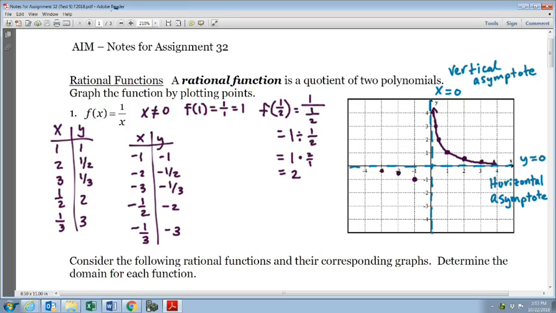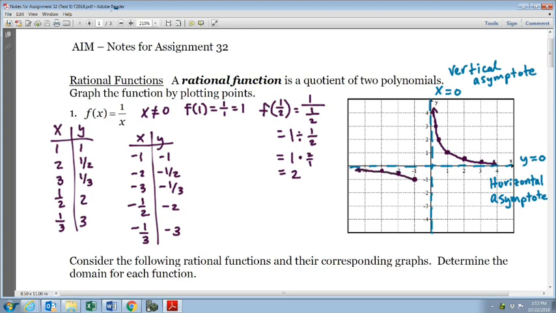I graphed (-1, -1), (-2, -1/2), and (-3, -1/3). You can see the same thing happening as we move to the left. As x gets more negative, -4, -5, and so on, we're going to get closer and closer to the line y equals 0.